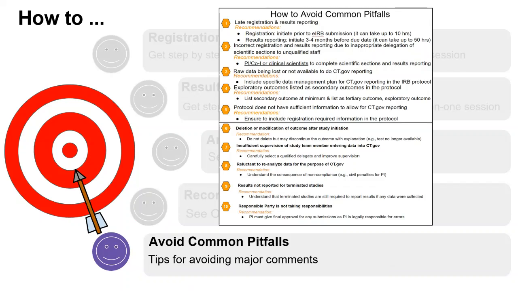In the last few Research Matters, we have been talking about how to avoid common pitfalls. We discussed the first 10 common pitfalls and gave tips and recommendations to avoid common mistakes. And so I am finishing up this series with the last but most troublesome pitfall during ct.gov registrations.